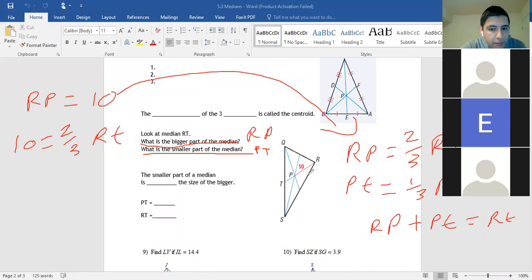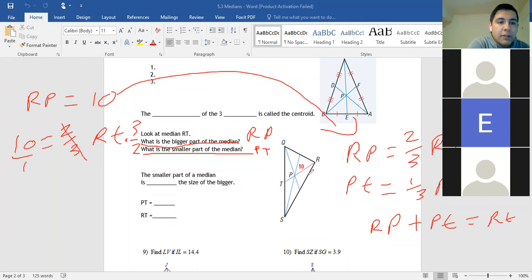Make 10 a fraction. Put it over what? 1, right? Put 10 over 1, and then we're going to multiply both sides by what? Remember, we call it the reciprocal, right? So we multiply 10 by 3/2, remember?